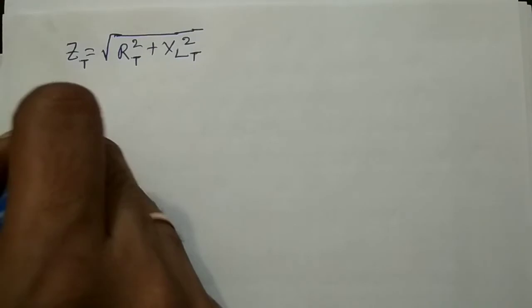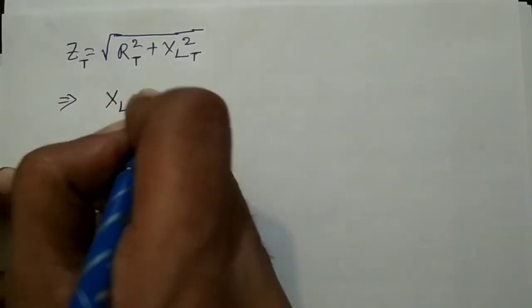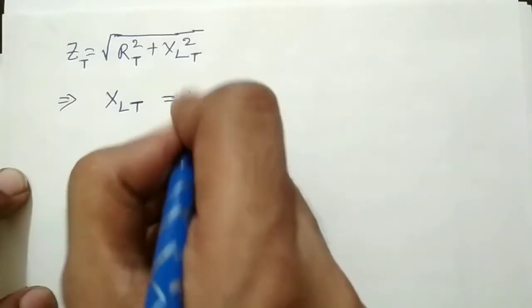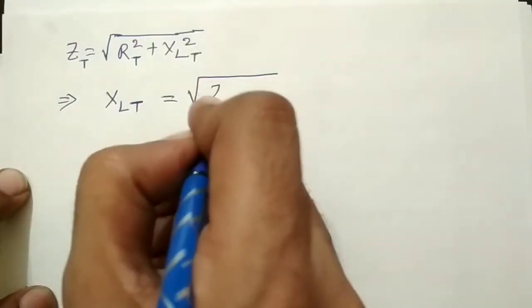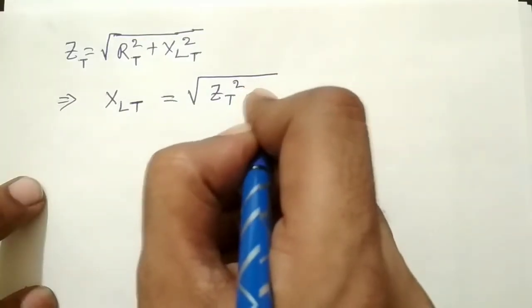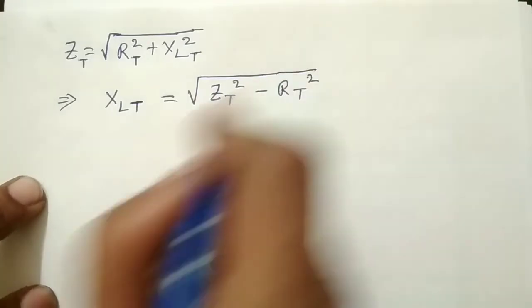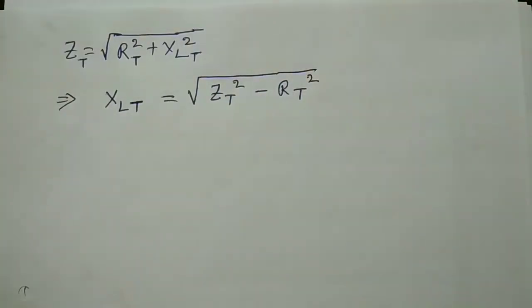So from this we can write XLT, total inductive reactance, is square root of total impedance of the circuit square minus total resistance of the circuit square.